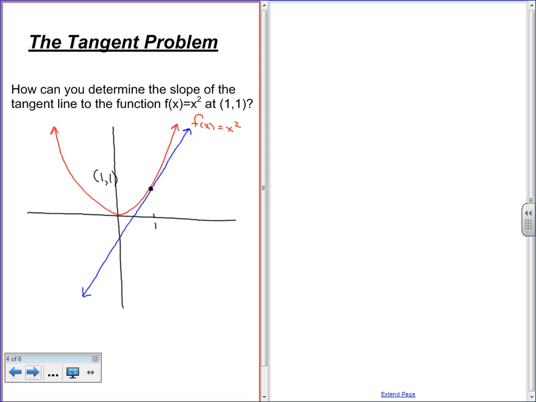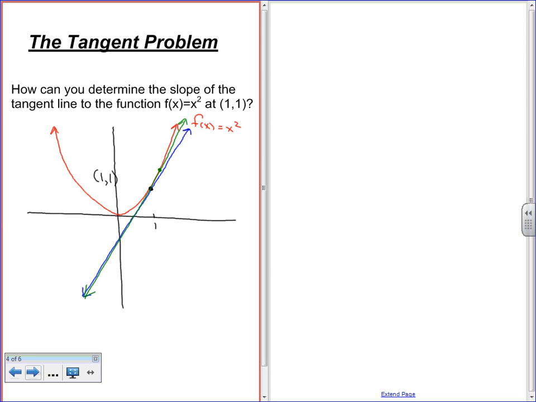So what these two said is I need another point to do it. I'm just going to pick another point on the function. It has to be on the function. Then I'm going to figure out the slope of that line, which is now a secant line, right? Because the secant line passes through 2 points, this point and this point on the function. And I can figure out the slope of this secant line using my slope formula.